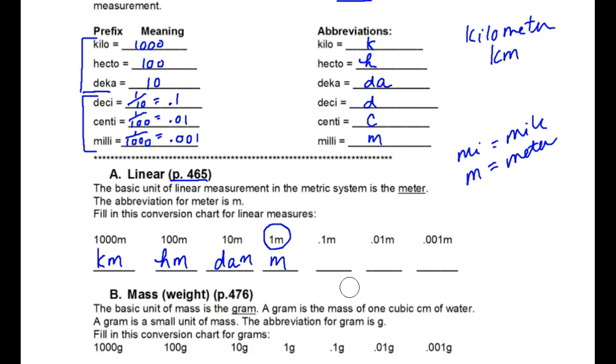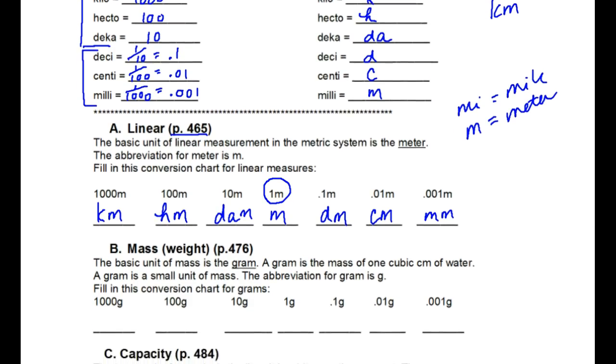If I take 1/10th, it's a decimeter, a dm. 1/100th is a centimeter, or a cm. And 1/1000th of a meter is a millimeter. A millimeter is a tiny little amount.